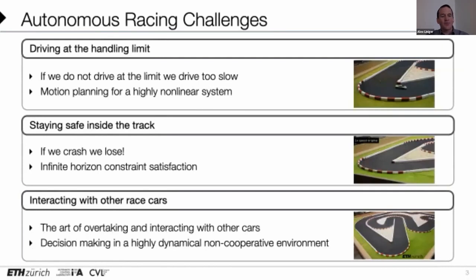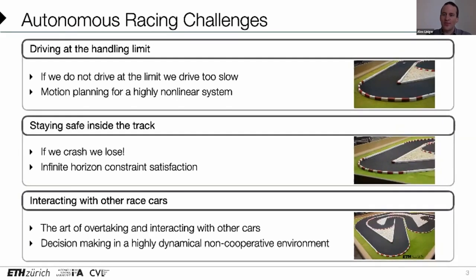Okay, so the second challenge is staying safe inside the track. If you crash, you will lose, as either your car is broken or you will slow down and another car can overtake you. From a technical side, this corresponds to infinite horizon constraint satisfaction, the things I mentioned just before the break with recursive feasibility.